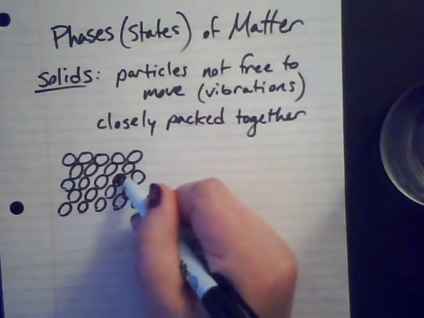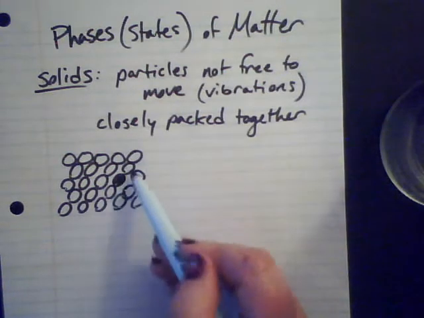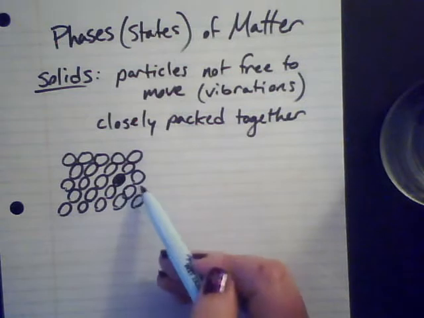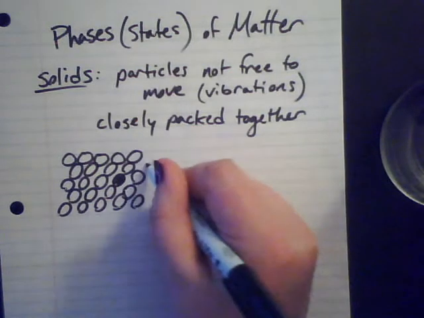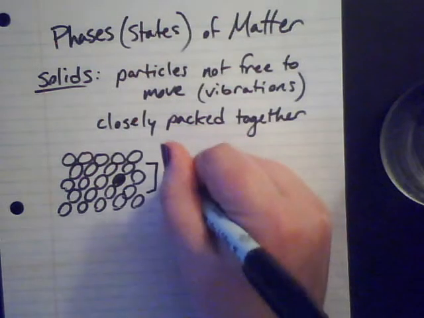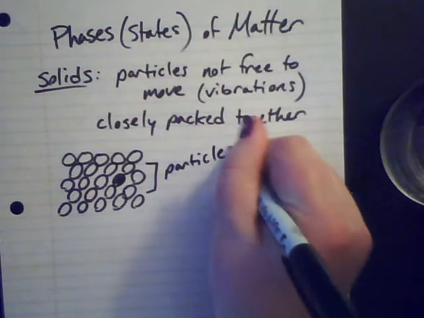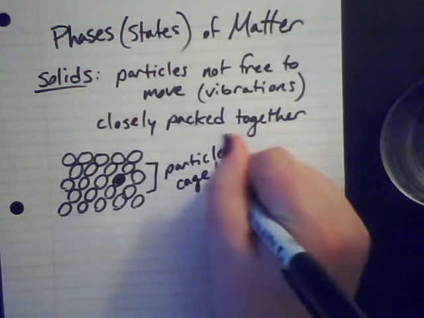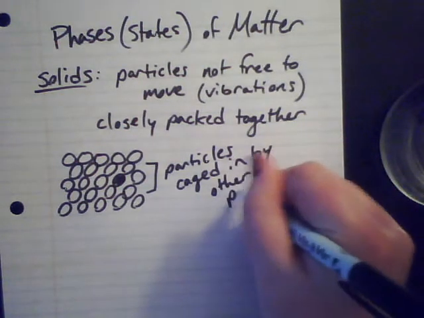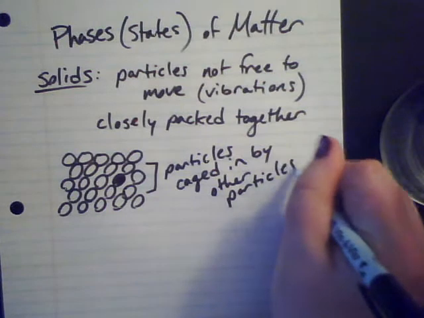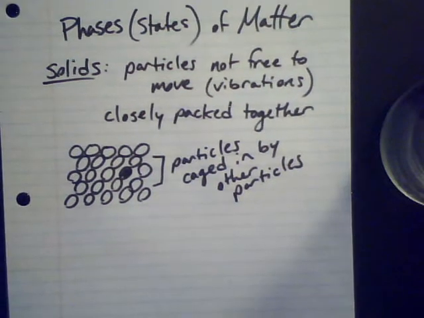So if I'm looking at just this particle right here, then it has all of these particles surrounding it, which allow it to not be able to move, so not very free. So it kind of allows them to keep the form that they're in.